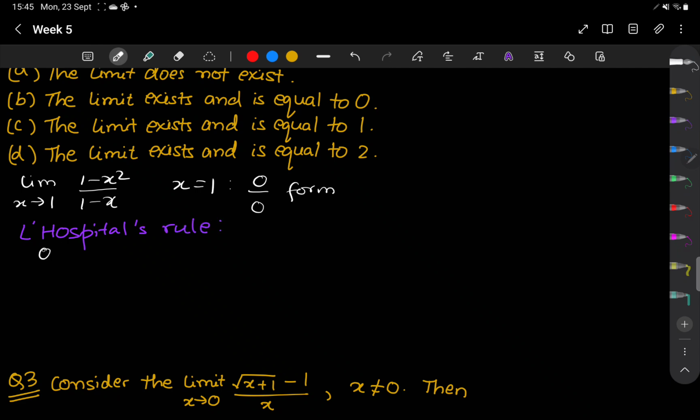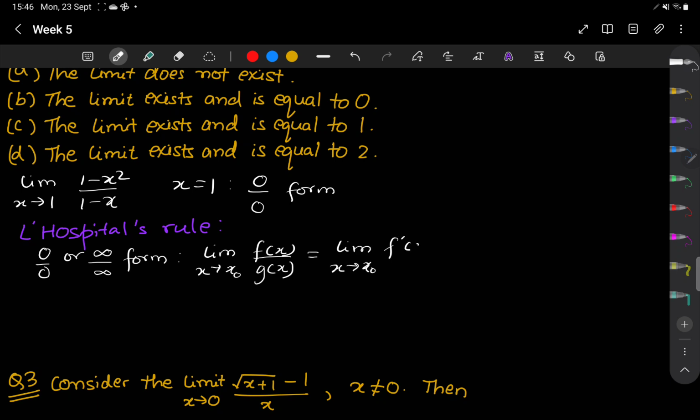And what it says is that if you have a 0 by 0 or infinity by infinity form when you plug in the value for x in the limit, then the limit x tending to x naught of f(x) over g(x) is the same as the limit x tending to x naught of f prime of x over g prime of x. So you take the derivative of numerator and denominator with respect to x and then find the limit.